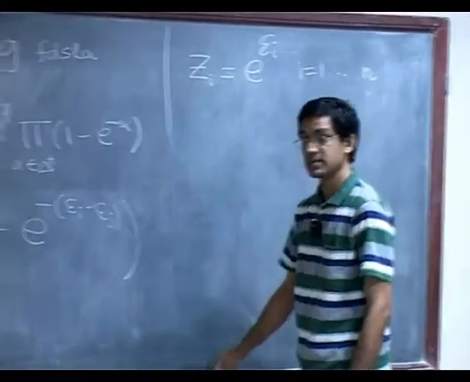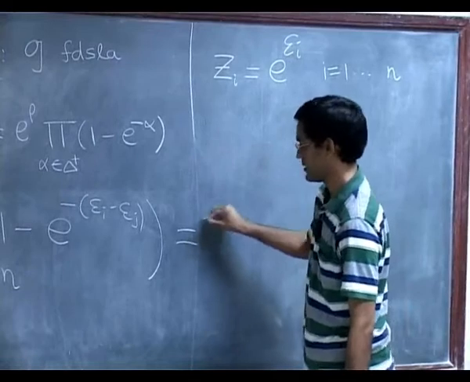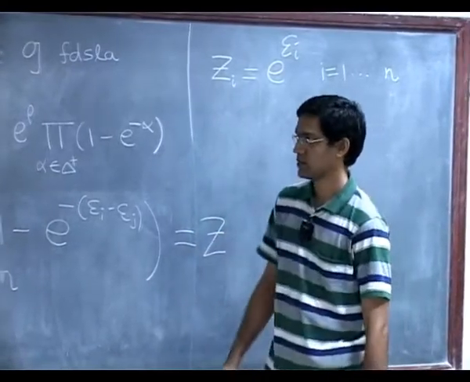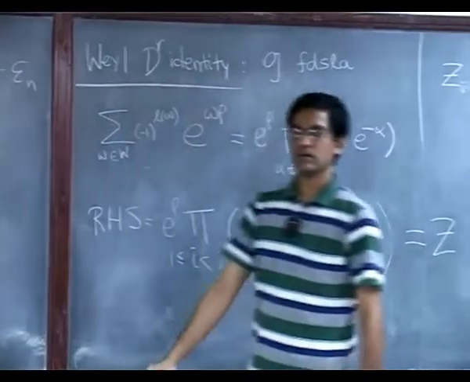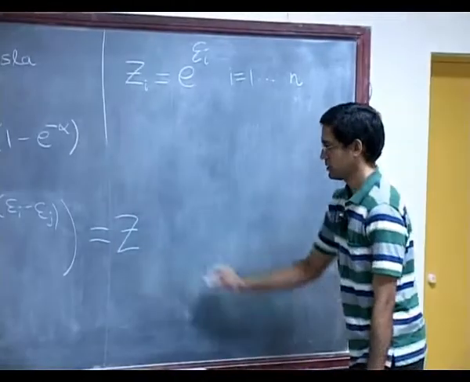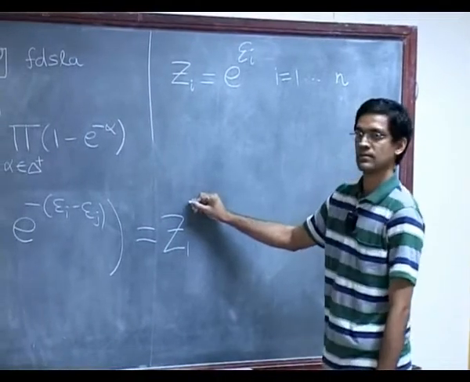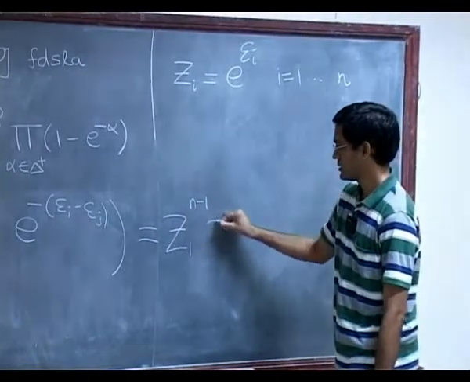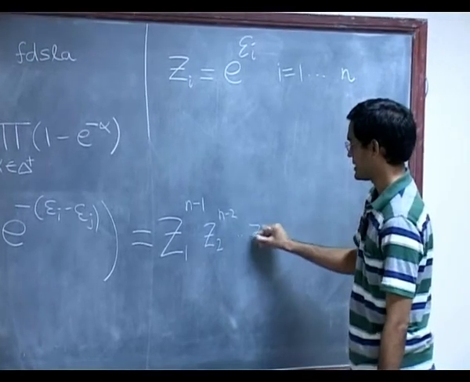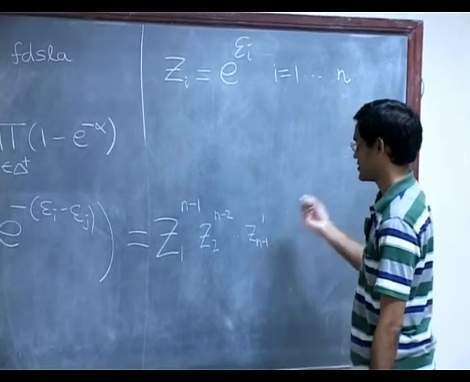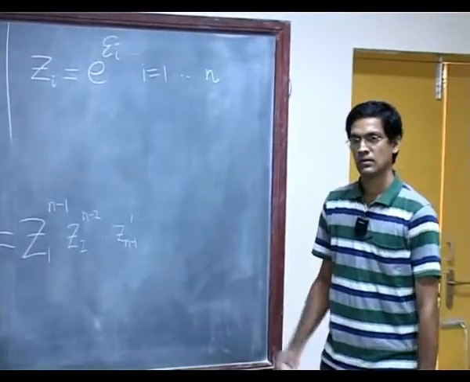What does e to the rho become? What's the term in front? E to the rho is z_1 raised to the n minus 1, z_2 raised to the n minus 2, and so on till z_(n-1) raised to the 1. There is no z_n there.